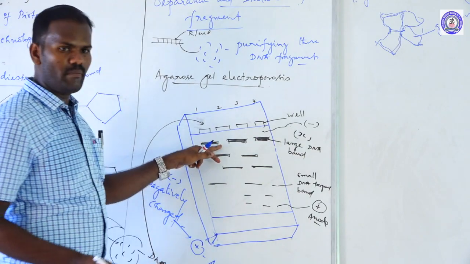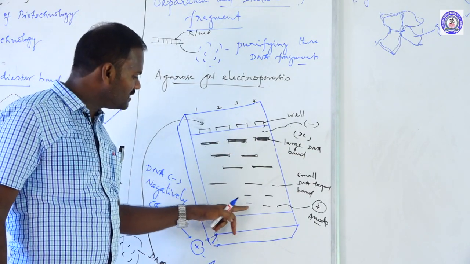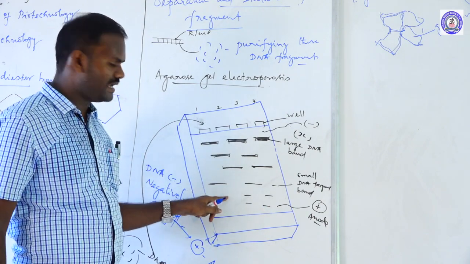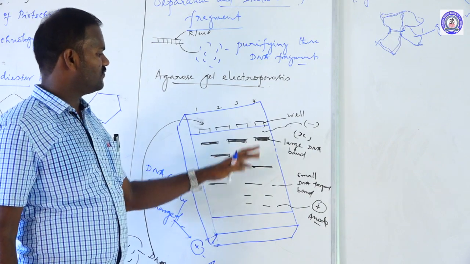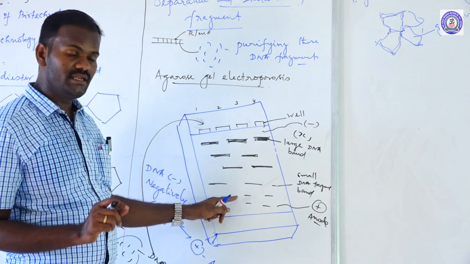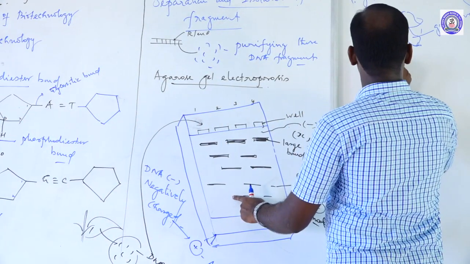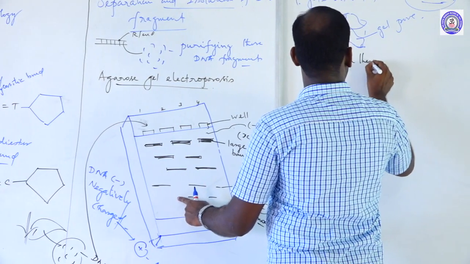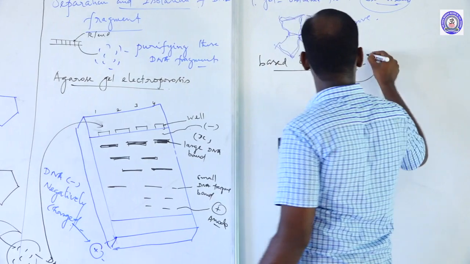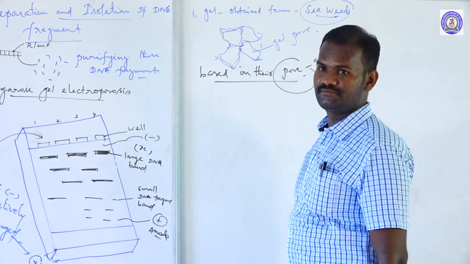The large DNA bands move slower, whereas the small DNA fragments move fastest through the matrix in the presence of an electric field. The DNA fragments are separated based on their size, through the gel pores created by agar gel.